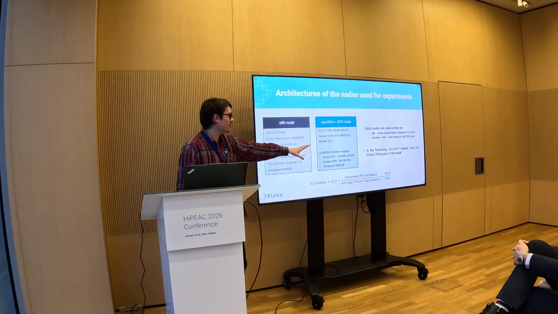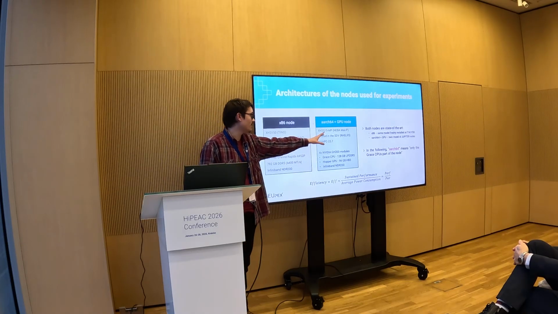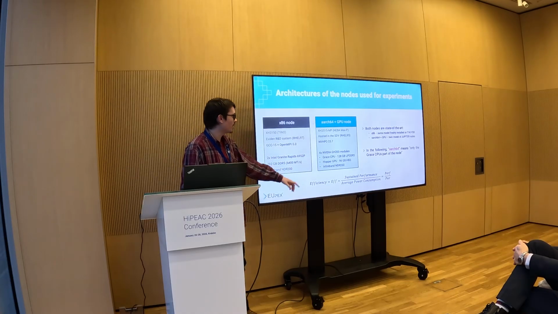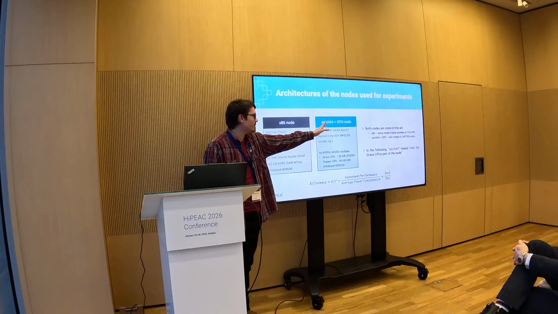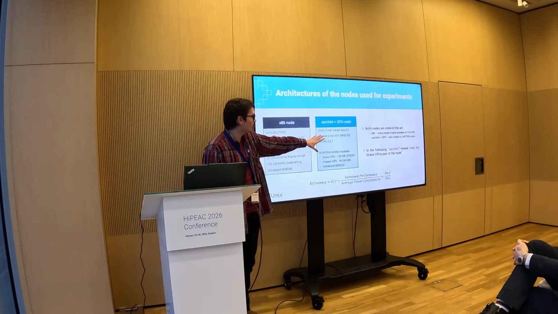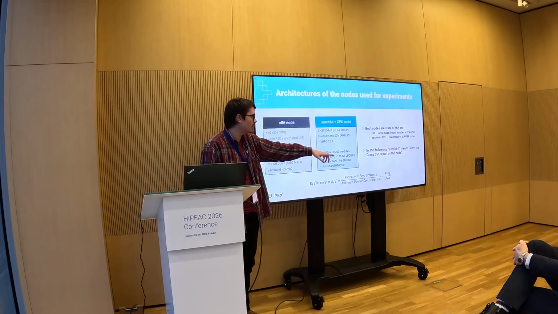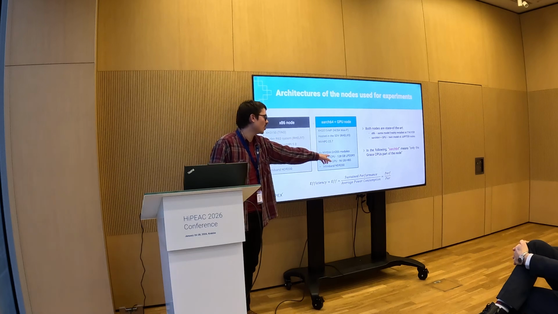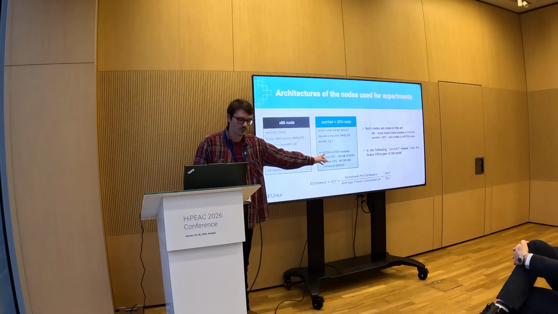And the other one is a node based on Grace Hopper 200 modules. I will use this node to be sometimes an Arch64 node and sometimes a GPU node. So when I am referring to Arch64 nodes in the remainder of the presentation, it means that I use only the Grace part of the nodes.